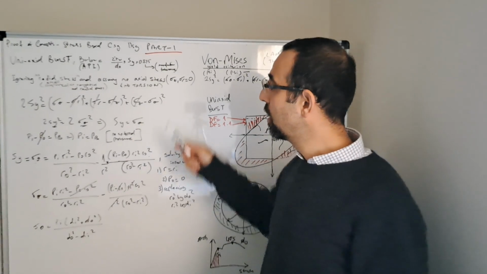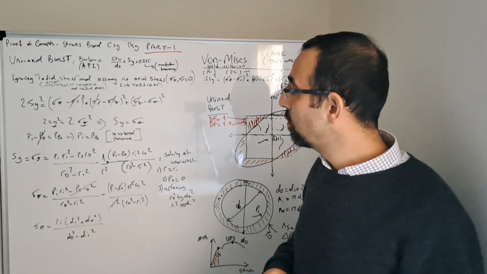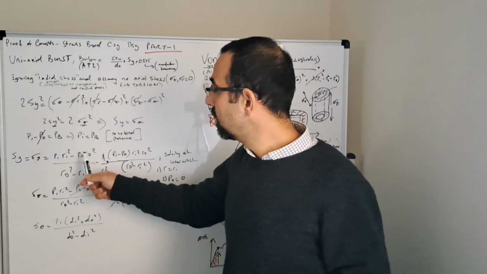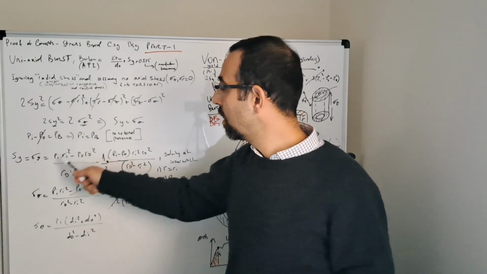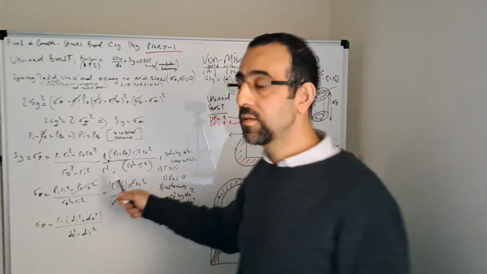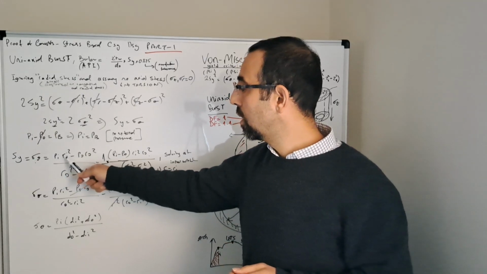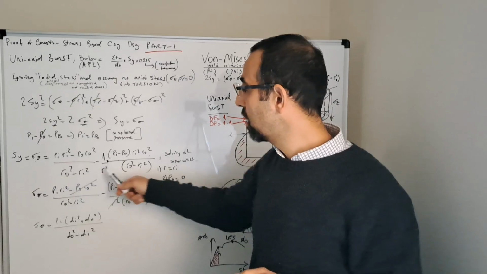So tangential is also called hoop stress in some sources. So in this equation, basically I just put the Lamé solution for the thick wall cylinder. That's the inner pressure, inner area, outer pressure, outer area, cross-sectional area.